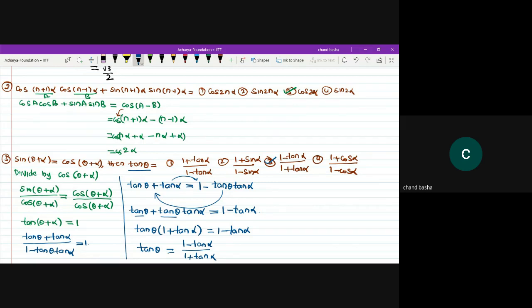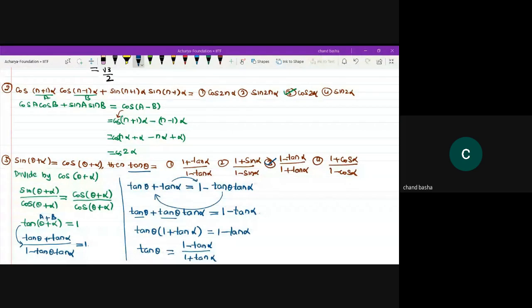After that, it is the same as the formula tan of A plus B, tan A plus tan B by 1 minus tan A tan B. The denominator function I can take on the right hand side because we require tan theta. After that, keep the theta expressions on one side, take tan theta common, and the rest of the part will be on the right hand side.